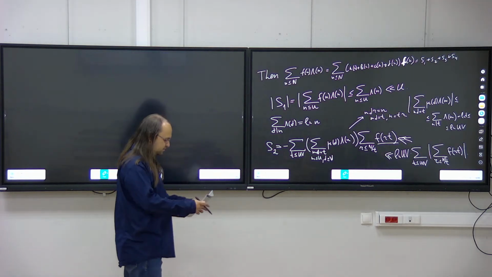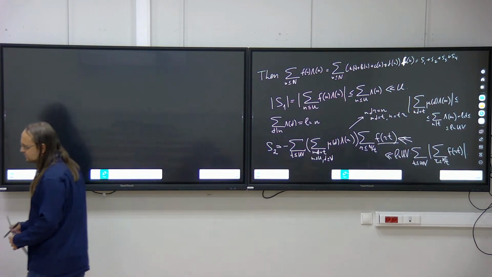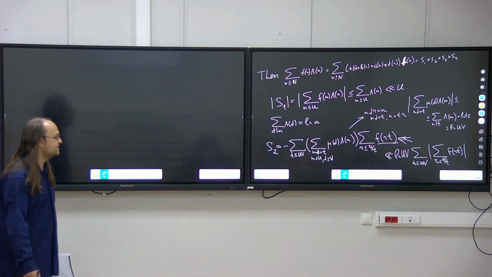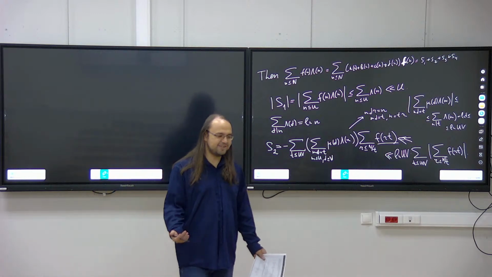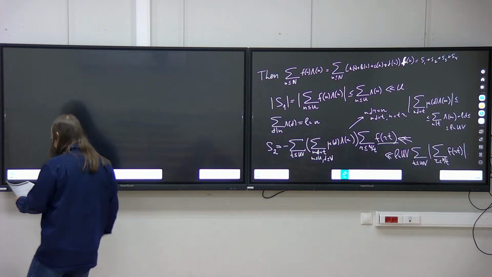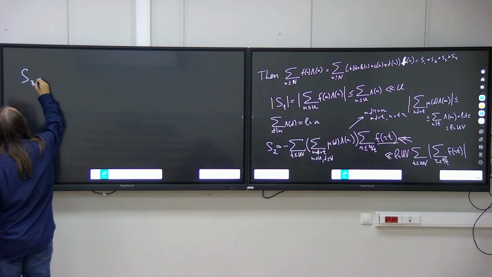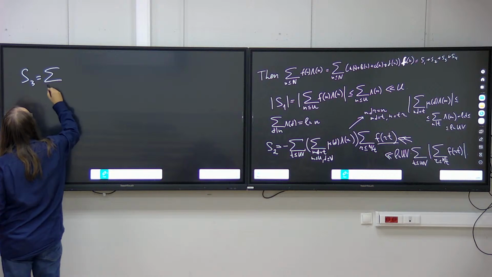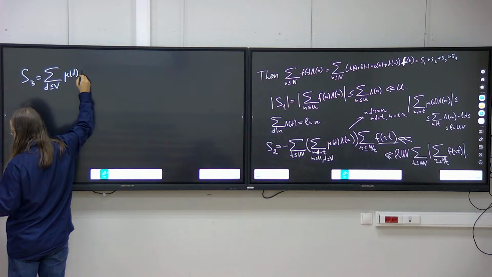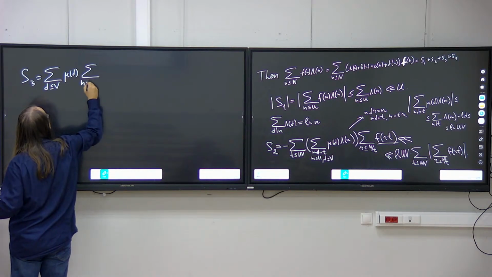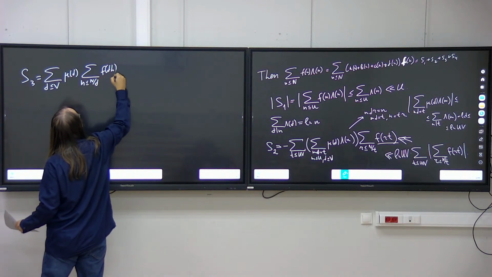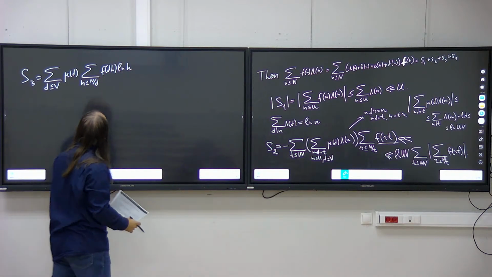Now we do the same with S3, but instead of doing precisely this, we are going to creatively interpret logarithm. Okay? So S3 is equal to sum over all d less than or equal to v, mu of d, sum over all h less than or equal to n over d, f of dh log h.